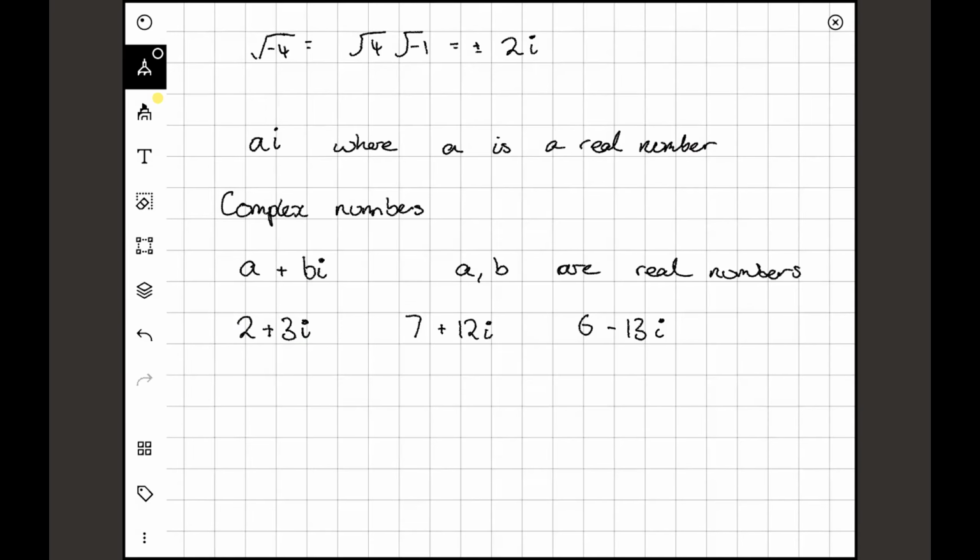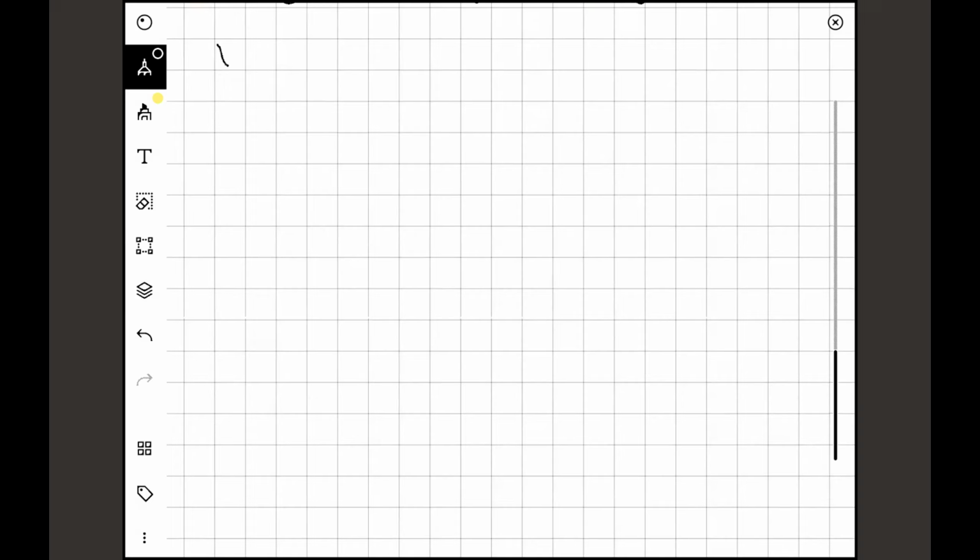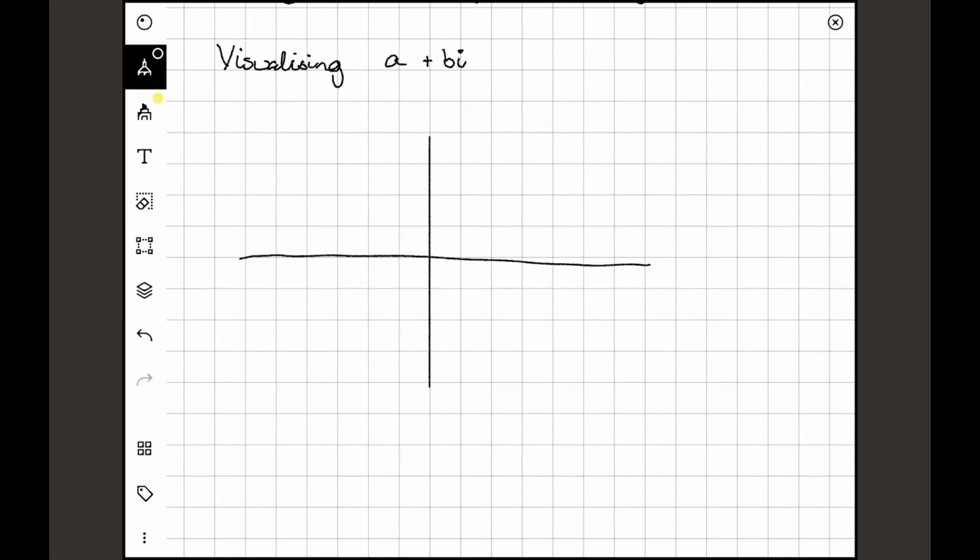Now this probably seems kind of abstract, but there is a nice way to visualize this. And the way to do it is just to plot two axes. What we're going to do is this is going to be our imaginary axis, this is going to be our real axis. So we're going to put the a part along here and the b part along here.